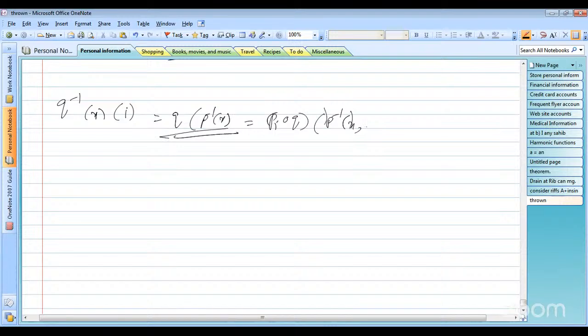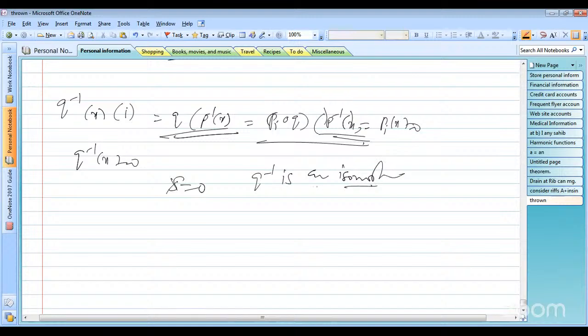That means pi x is equal to 0. The condition is 0 here. So hence we are taking q inverse of x is equal to 0, so hence x is equal to 0. Therefore q inverse is an isomorphism here. So the intersection of Ni over i belongs to I is equal to 0 here.